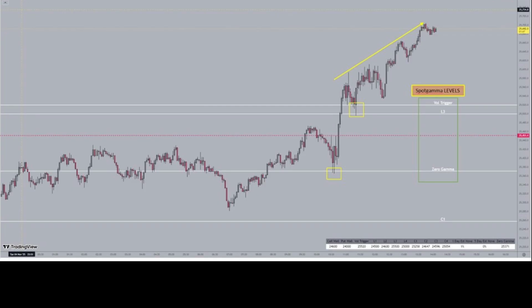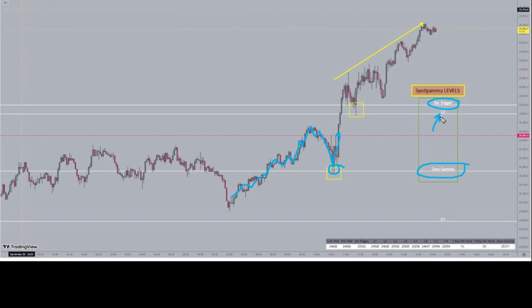The first thing we have to find every morning is where the zero gamma and the volatility trigger are. These two signs give you the line in the sand. For example, here, price is going and making a higher high, but then goes down and takes the zero gamma and goes higher from zero gamma to L3.